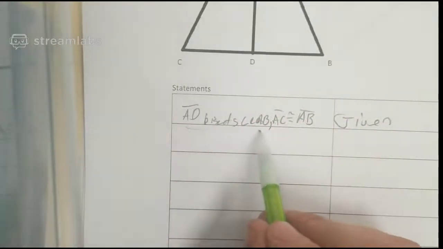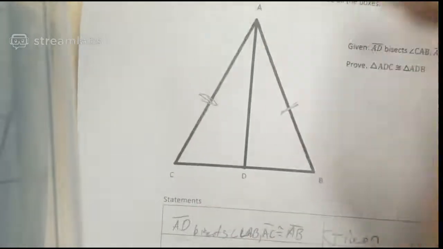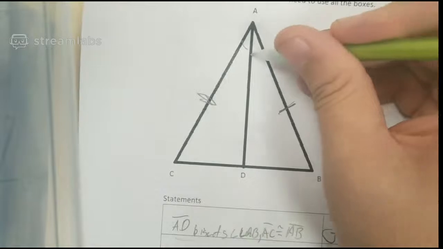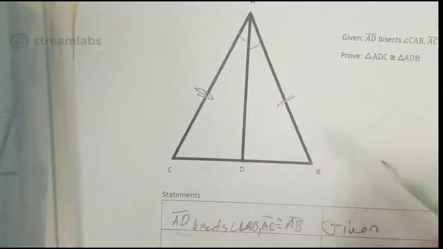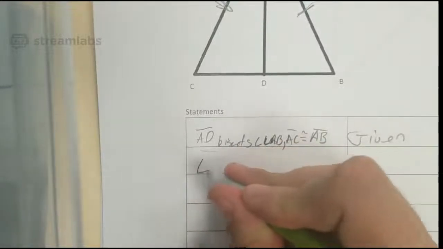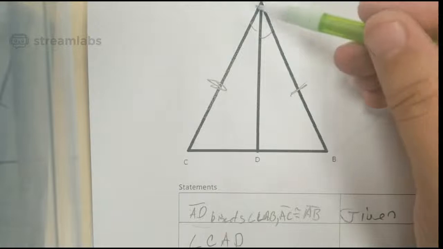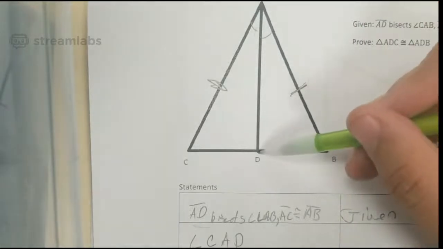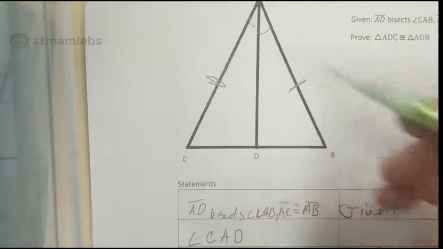We said in the beginning, AD bisects angle CAB. Because of that, we know this gets cut in half and this gets cut in half. So what we could say is angle CAD, this angle right here, is congruent to angle DAB, the angle on the top.